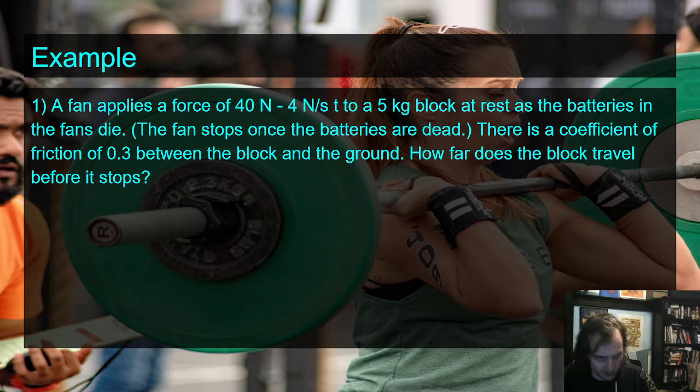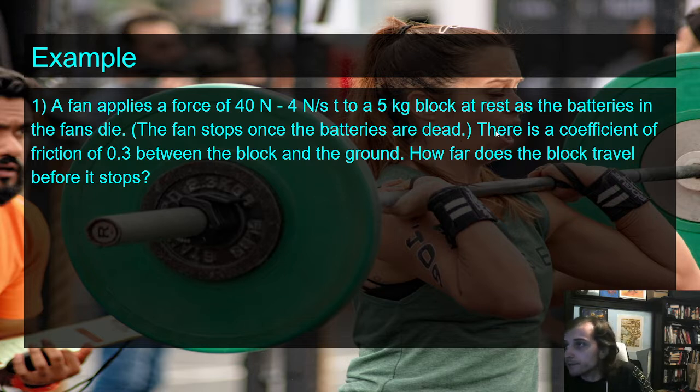That was not particularly well written. Basically the fan stops once the batteries are dead. So it'll start to speed up because the fan is pushing it more than friction does, and then eventually it'll start to slow down as the fan dies. And the question is, how far does the block travel before it stops?